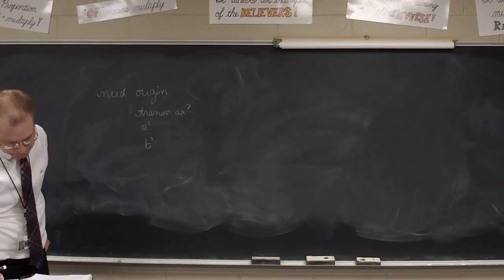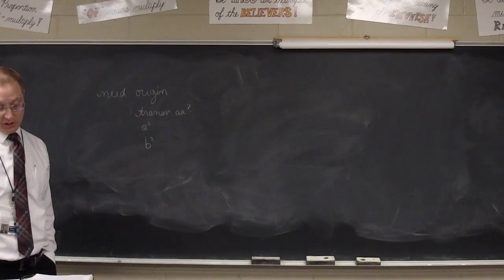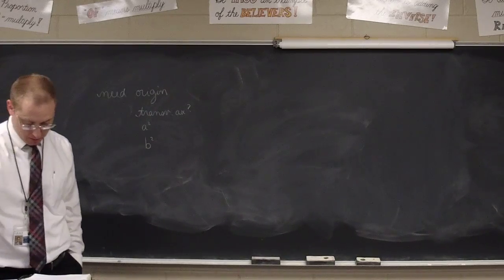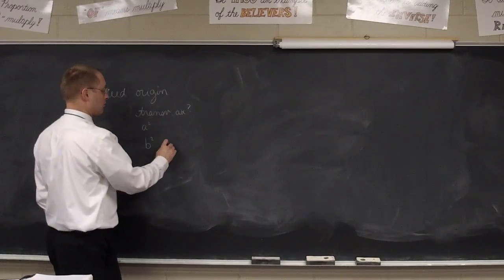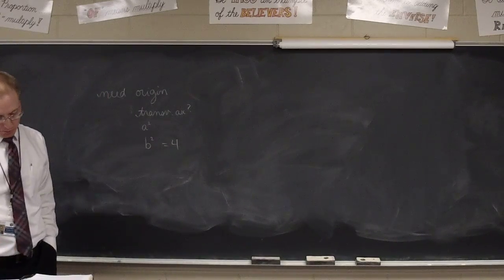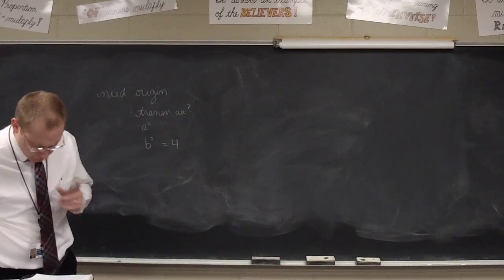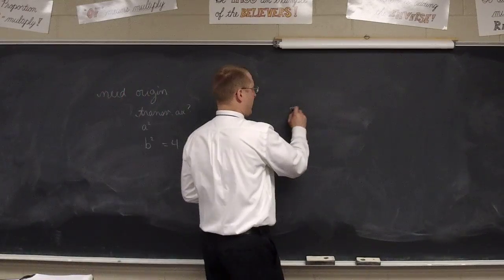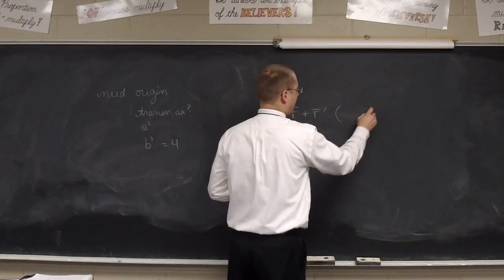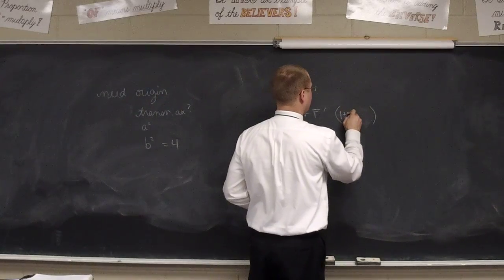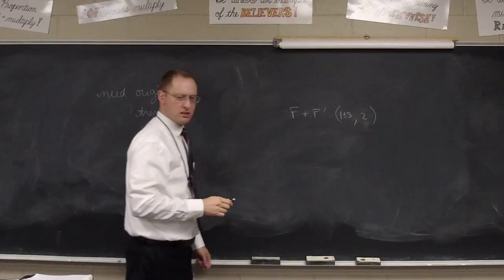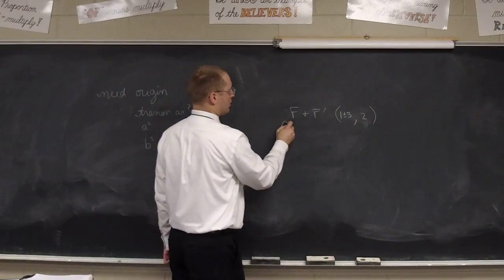Well, they told us something really straightforward. Conjugate axis. So therefore, b squared is 4. All right, so we got that out of the way. Foci. So f and f prime are 1 plus or minus 3, 2. Thoughts? 4, 2, and negative 2, 2.